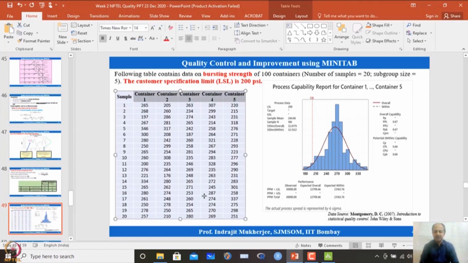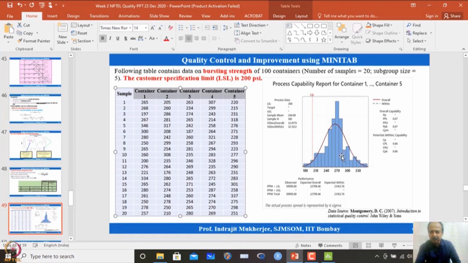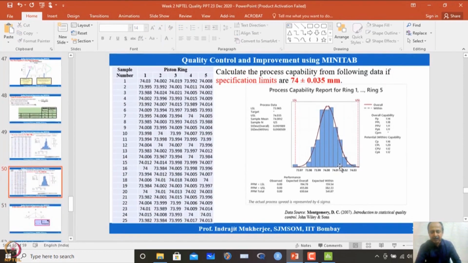And for this data set some specification is given, customer specification, a lower specification limit is given over here. Or we can take this piston ring example which has a both-sided specification, so this becomes easier to understand. This is 74 plus 0.035 and 74 minus 0.035, that will be the specification for this product.